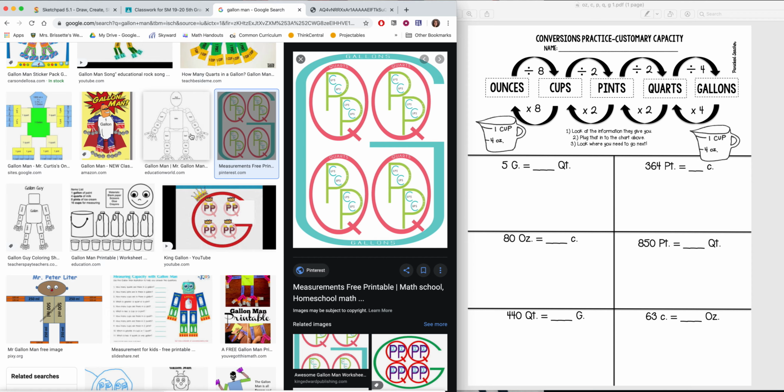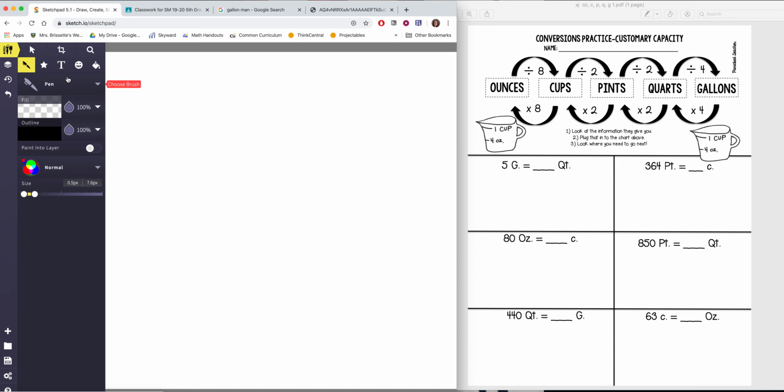You're welcome to write on the top of your paper as a reference, but we're going to get to work here doing some conversions. Let's start by going from a big unit of measure to a smaller unit of measure. So let's try going from pints to cups. Let's get our conversion over here.